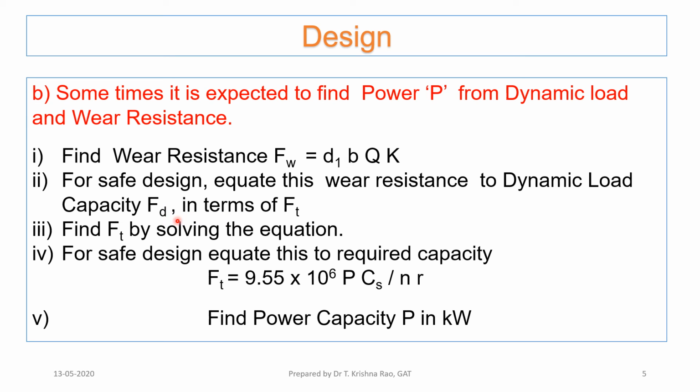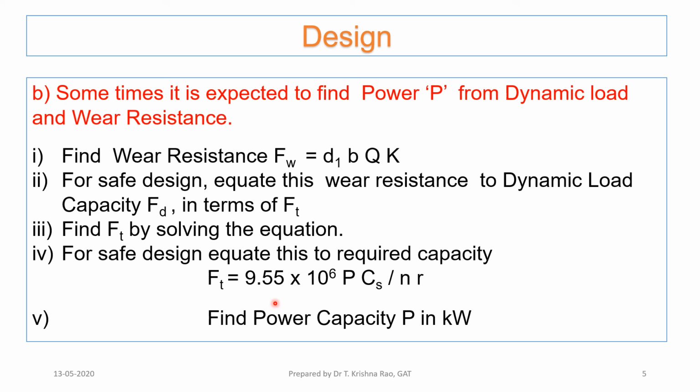Fd has a big equation which consists of Ft, B, C and all those things. So in that you have to find the tangential tooth load Ft. Earlier, from the Lewis equation, we found Ft for the first type, where we found the power. For the second type, if you have to find the power capacity from the dynamic and wear resistance criteria, we first find Fw, then equate that to Fd, then find Ft by solving the equation. Then that Ft is used in this regular equation to find the power.